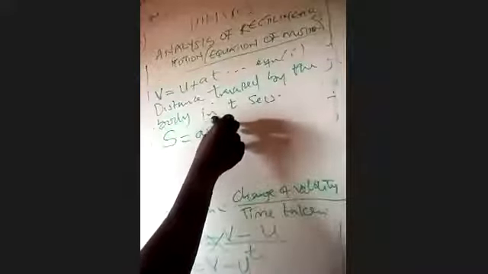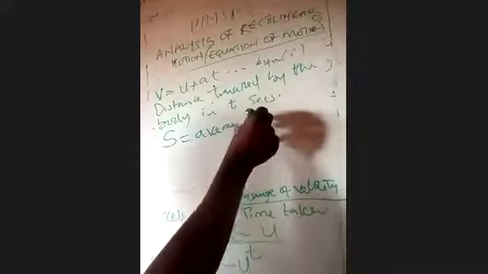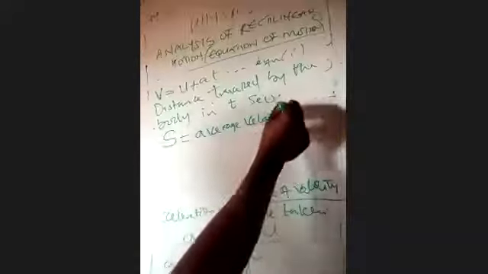Remember, our distance s is equal to average velocity times time. Average velocity times time, that is the distance.